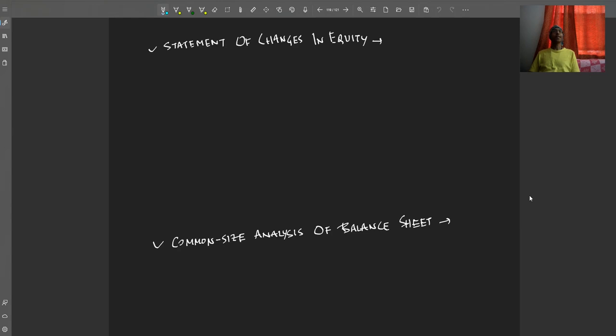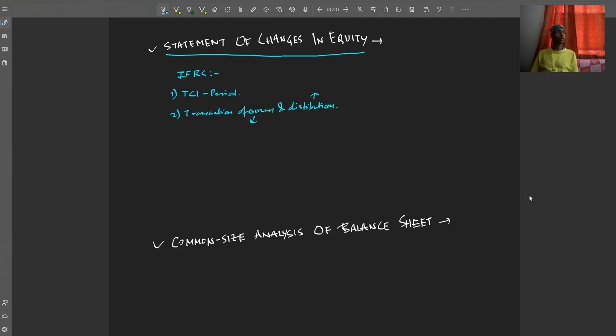Statement of changes in equity. So friends, under IFRS, the following details about statement of changes in equity are required. Number 1 is total comprehensive income for the period. Number 2 is transactions of owners and distributions to them. So has the owner infused some equity or has some dividends been paid to the owner?